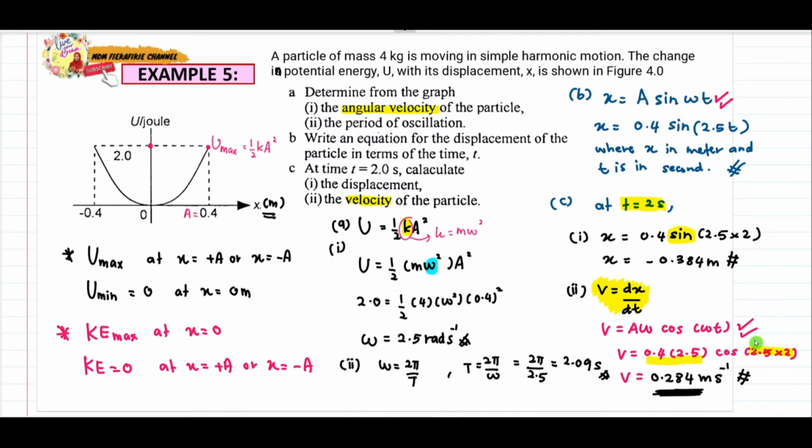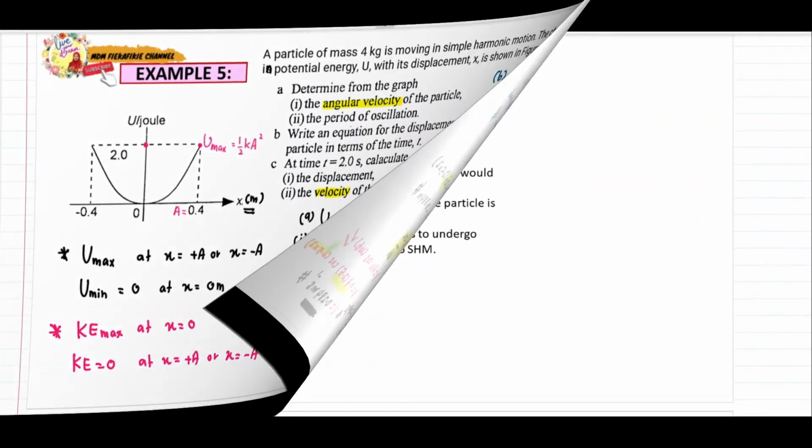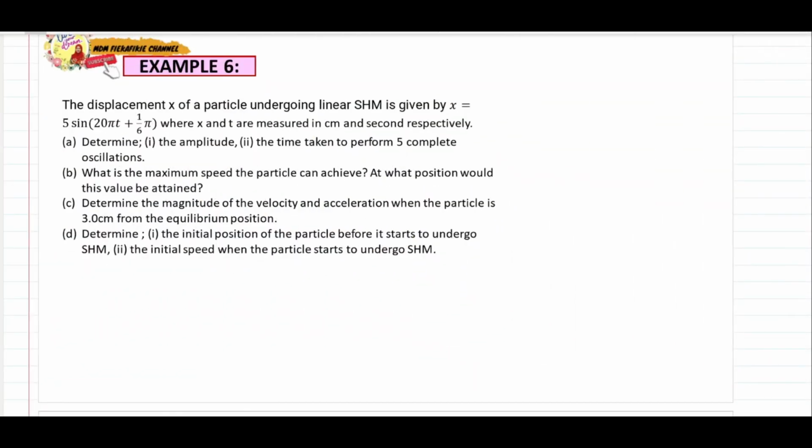So, let's proceed to example number 6. Alright, so let's continue with example number 6. Here we are given the equation of the displacement in function of time, where x is equal to 5 sine 20 pi t plus pi over 6, where x and t are measured in centimeter.